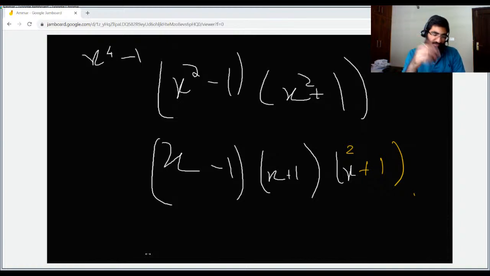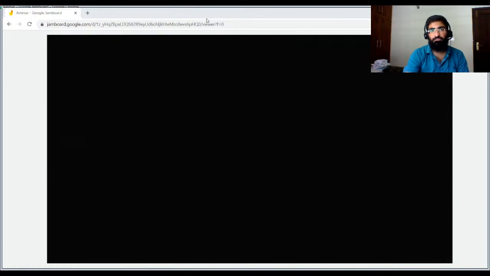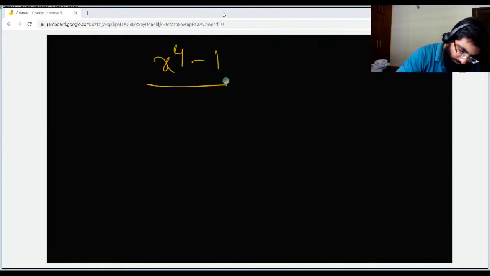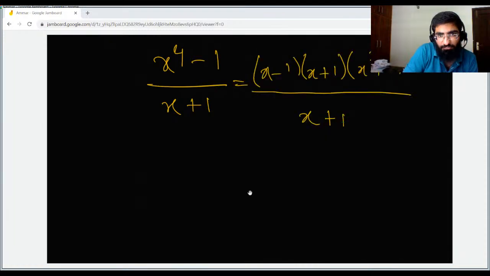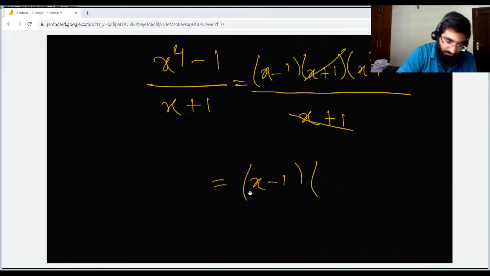So again, the next part is easy. I don't know why they have put it in this particular exercise, but if you have x raised to the power 4 minus 1 over x plus 1, what you do is simple. This x plus 1 cuts out.